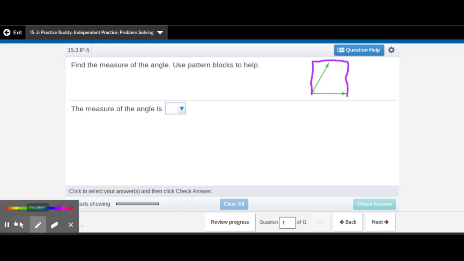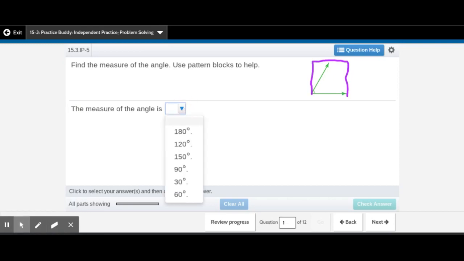Let's check our options. All right, the options that we have are as follows. We have 180. Obviously, we know that's not true. We have 120. That's not going to work for us. 150. That's not going to work for us. 90. We are shown an angle that is less than 90, so this 90 degree is not going to work for us. So we either have a 30 degree or a 60 degree.